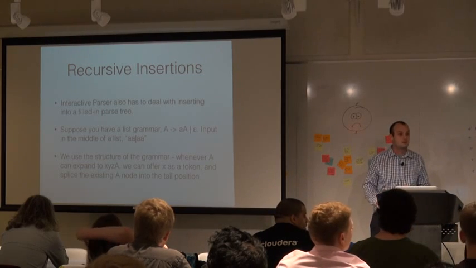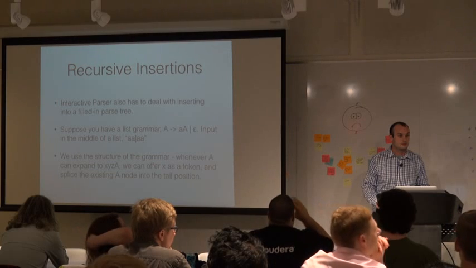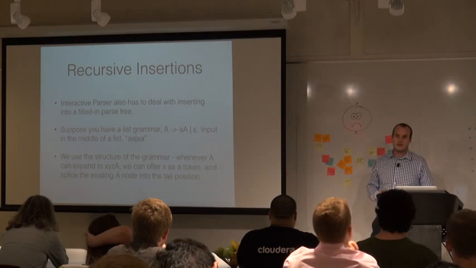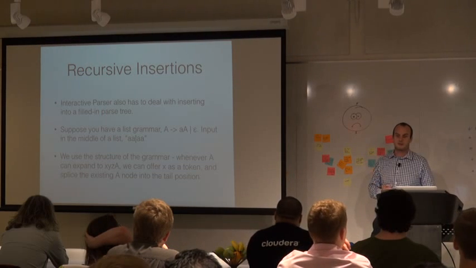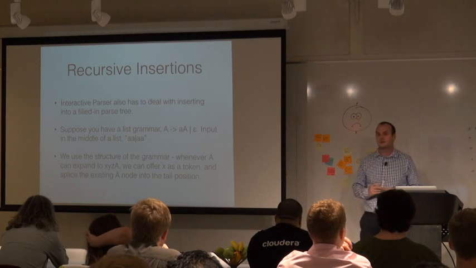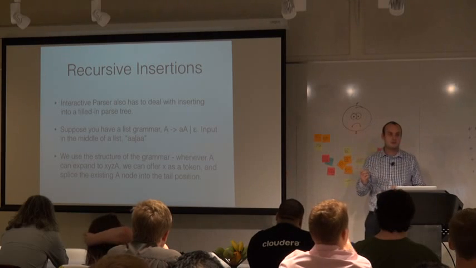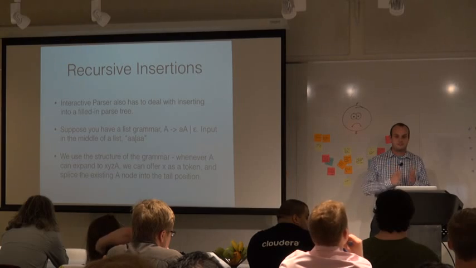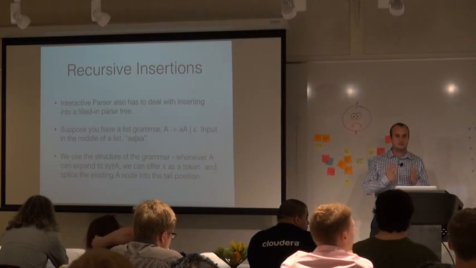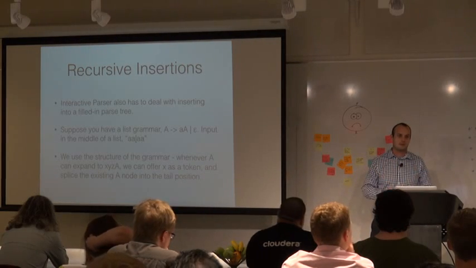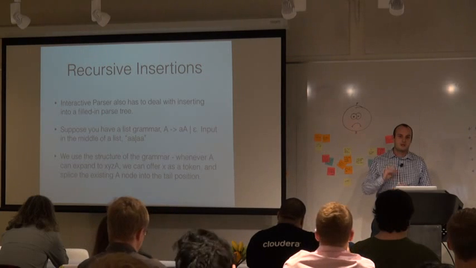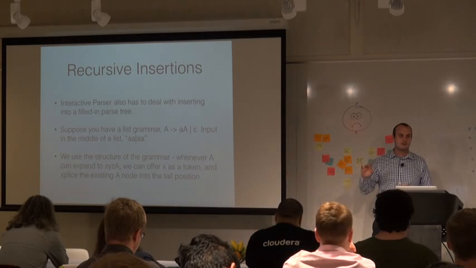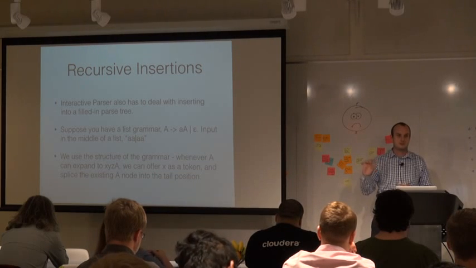Yes? So the question was, does that mean that at any given time the tree is a valid parse tree? It's a good question. The answer is it's almost a valid parse tree. In some cases, let's say you had just XYZ as the production. So when you fill in X, you don't want to fill in Y and Z immediately, so those get placeholders. There's a special node type which is placeholder.